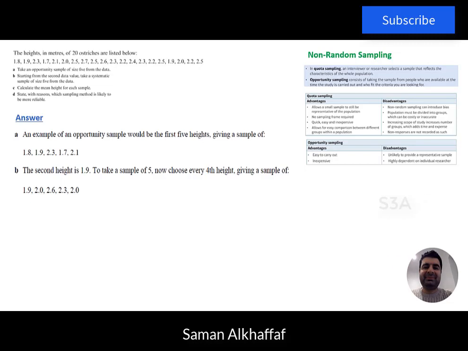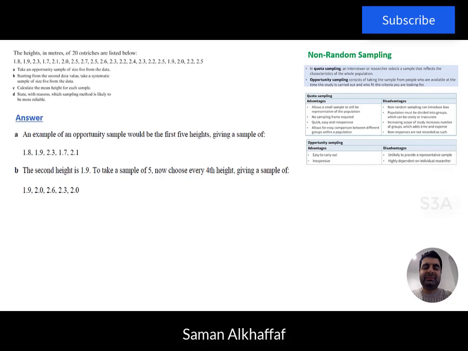So the second height is 1.9, and to take a sample of 5, we choose every 4th height, giving a sample of 1.9, 2.0, 2.6, 2.3 and 2.0, taken at each 4th height.